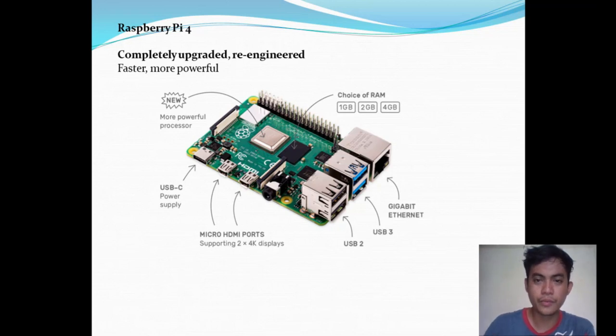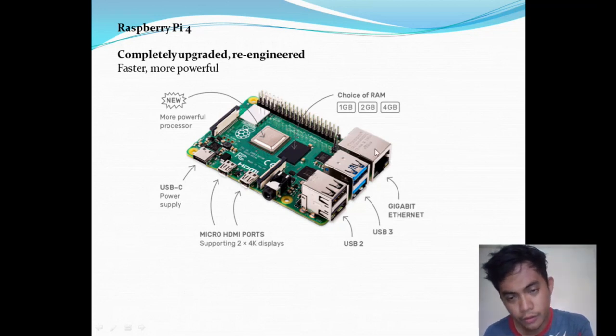With the new specs of choice of RAM, 1 gig, 2 gig, or 4 gig, with a more powerful processor, and you can spot the difference. The HDMI port was replaced with two micro HDMI ports. Previously we had only one HDMI port, and the Ethernet was moved to the right side, and the USB ports were placed on the left side.